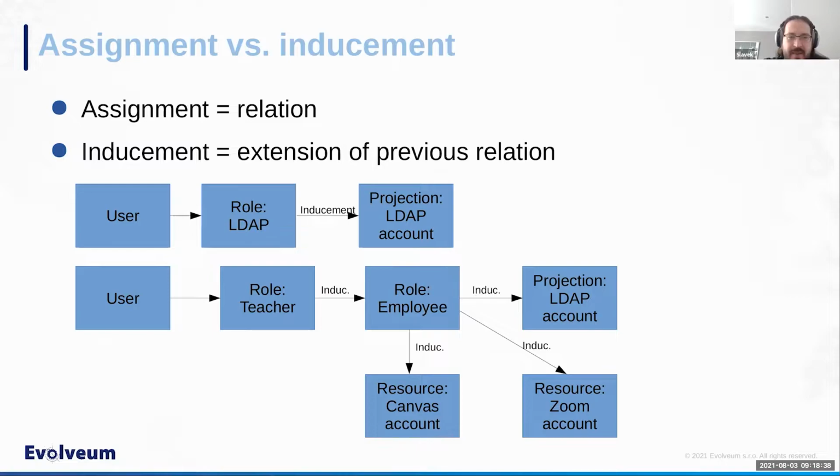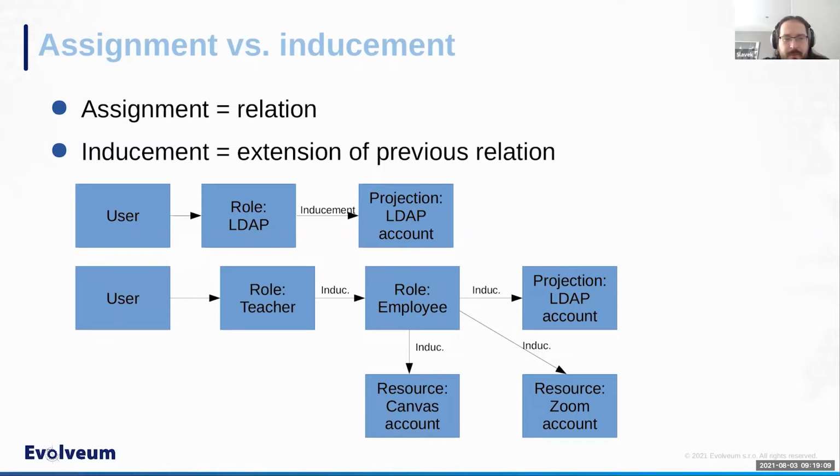And same thing you can see on the second picture below, where I have a role teacher, and again there is an inducement of role employee. That means that a role teacher is just extending the role employee, and the role employee again is extended with creating some projection, some accounts onto individual resources.